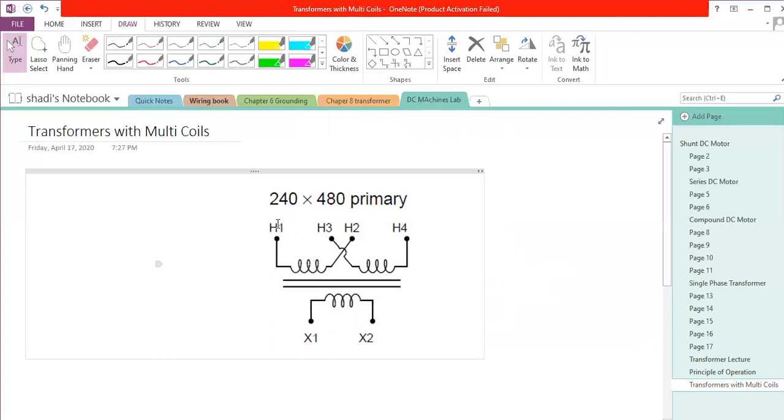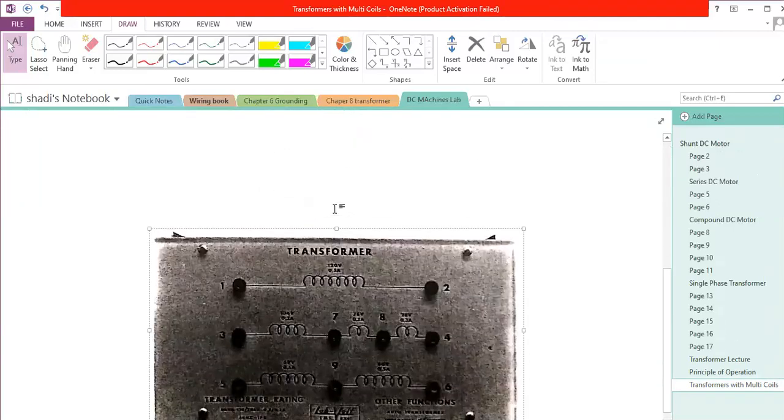So if I connect H1 and H2 to the power supply, the power supply must be 240. But if I need more voltage, I can connect these coils together, 240 and 240, and H1 and H4 will be connected to the power supply, so I can connect the primary to a voltage equal to 480 volt.